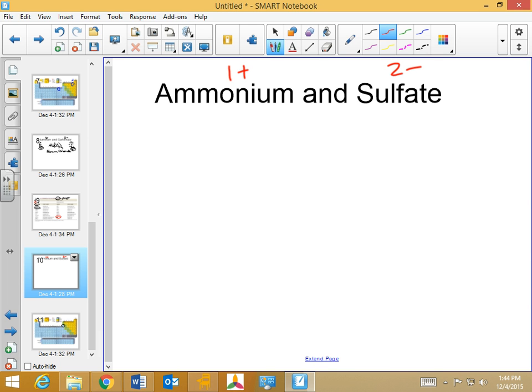So I know that I'm going to need 2 of these 1+s to balance out 1 of these 2-. So therefore my formula: NH4 is ammonium, and I need 2 of those to balance out 1 sulfate, which is SO4. So there's the formula, NH4 with a 2 outside the parentheses, and SO4.